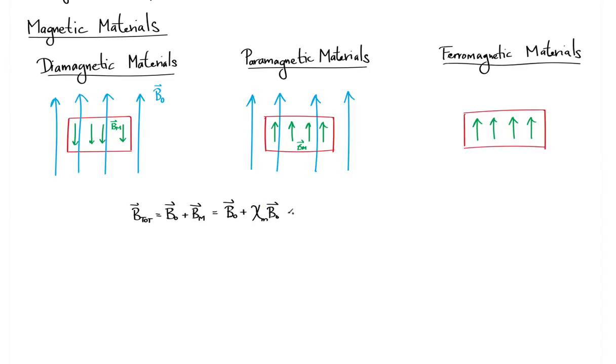I can also just write this, if I factor out B naught, as B equals 1 plus chi sub m, times B naught. Okay? And chi sub m, we call this the magnetic susceptibility.